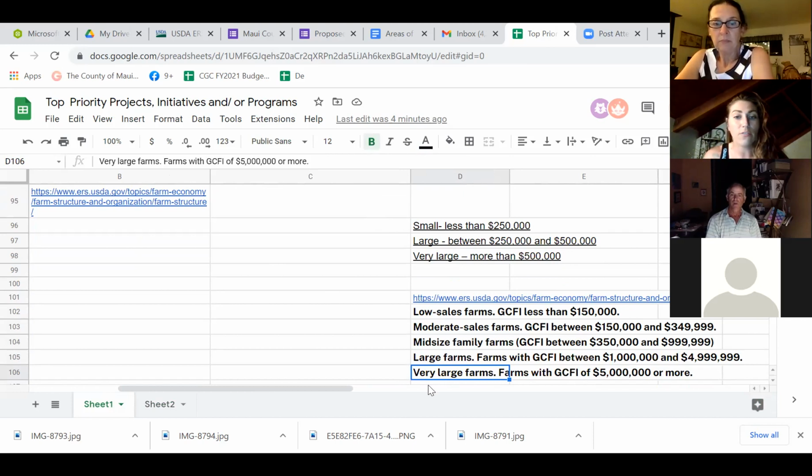We decided to go with the 5 and then just have them focus on low and moderate. That doesn't exclude anybody. It just tells the department their main focus needs to be on this. They need to go out of their way to make sure they're helping these people. They can't just sit back like the state and help whoever has the resources to navigate the system. They need to go out and actually target assistance for these low and moderate agricultural operations.